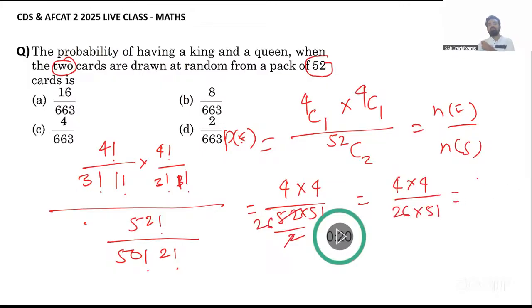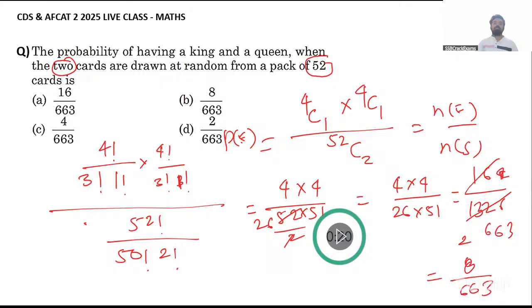How much will 26 into 51 be? 26 ones are 26; 26 fives are 130. So 130 and 2, 132, if I'm not wrong. You cancel it by 2, you cancel it by 6. So it will be 8 upon 66. This is option number B.